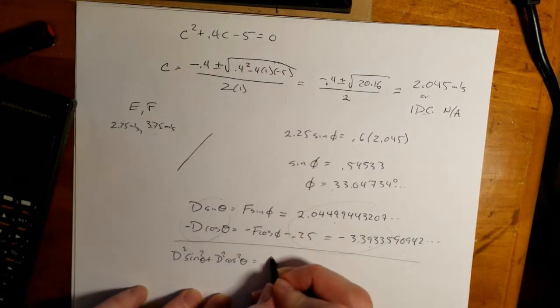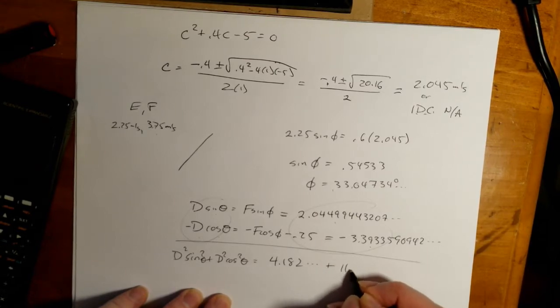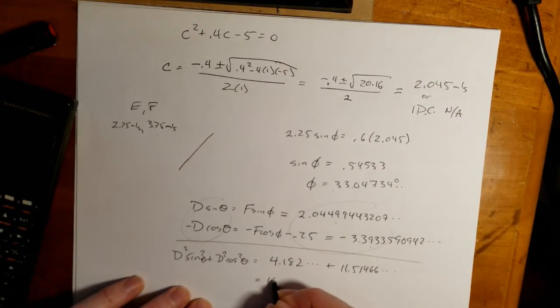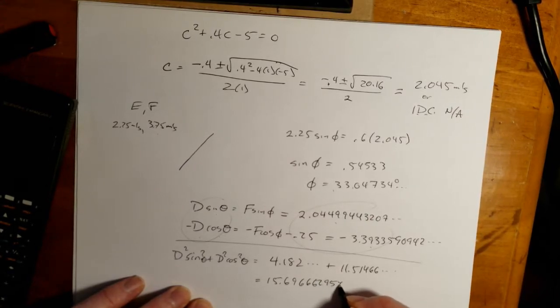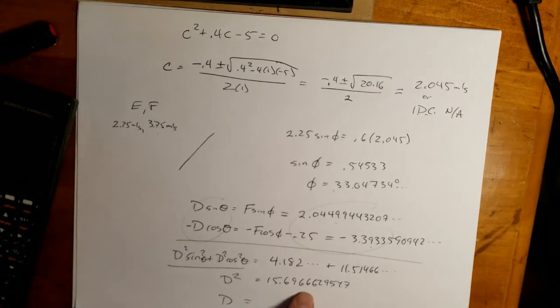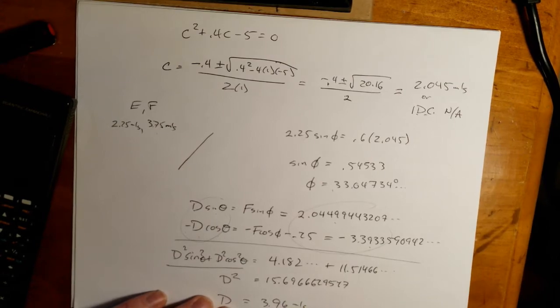So this becomes 4.182 plus 11.51466, which is 15.696669547. That is just d squared, and so d becomes the square root of that, which is 3.96 meters per second.